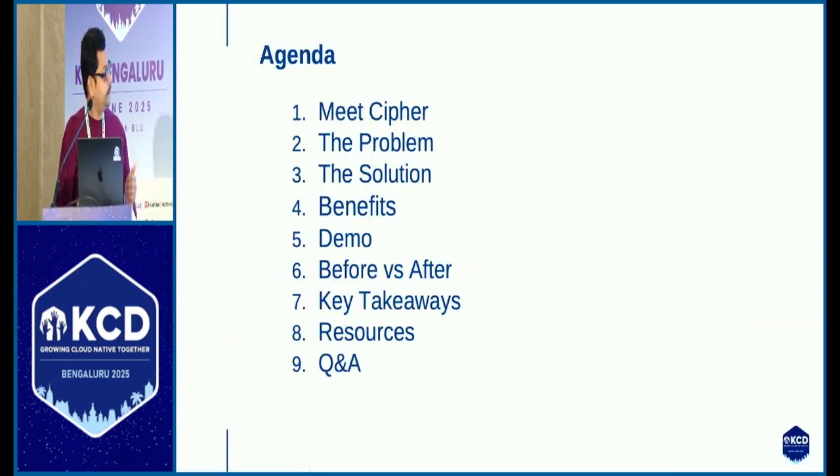To start with, I have a friend called Cypher. We will try to meet him, understand his problem and overview, then provide some solution and see how it goes from there. The name of this imaginary friend is Cypher. I really like that name.